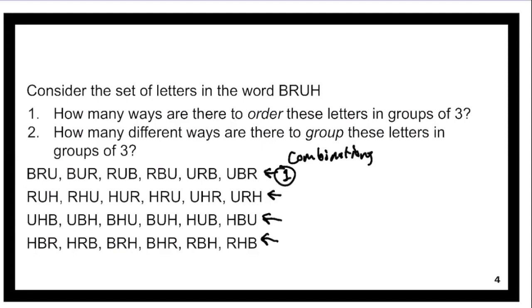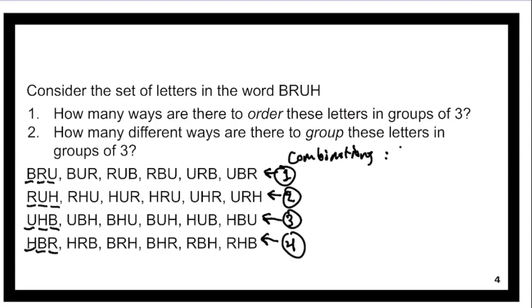The first combination has the letter B, R, and U. And going to the right, I've just switched the order of B, R, and U. The second combination has R, U, and H, so we're missing B in this case. For the third combination, we're missing that R. For the fourth combination, we're missing the U. So 4 different combinations. All of these words, though, 3-letter words, separated by commas, are permutations.